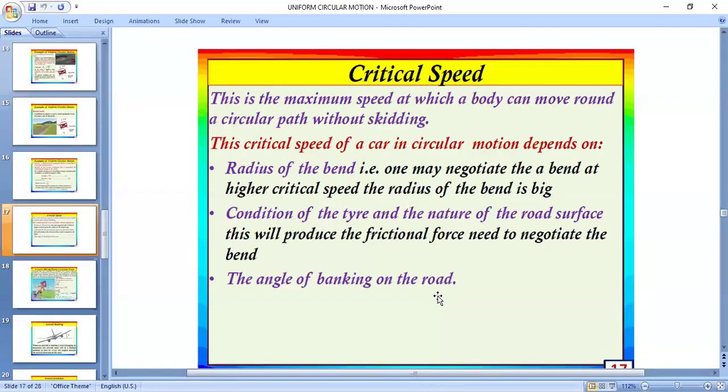Actually, the factors are written there in the equation. Remember, g is constant. Therefore, number one is the radius of the bend. Number two is the angle of banking, we can see tan theta. And number three, the condition of tires and nature of the road surface.